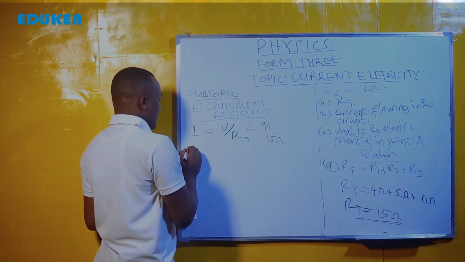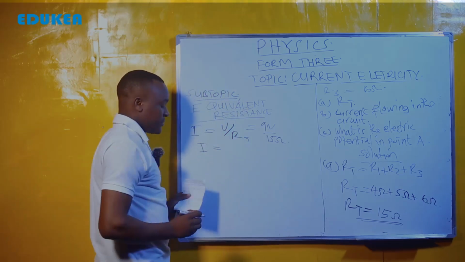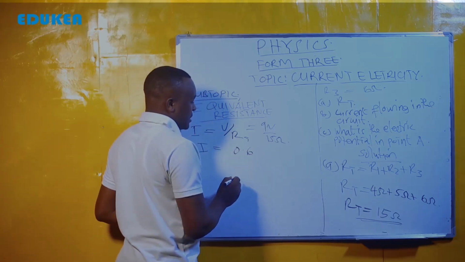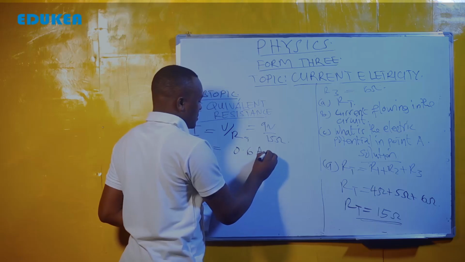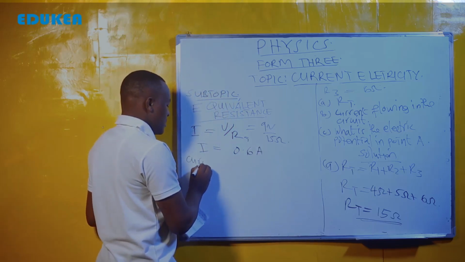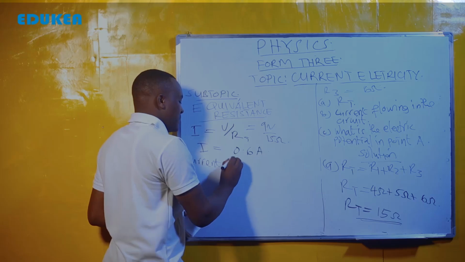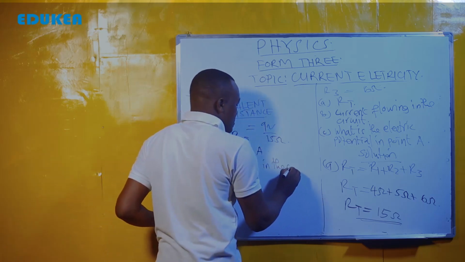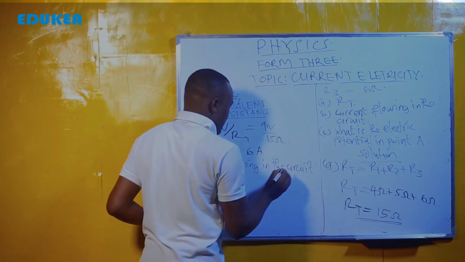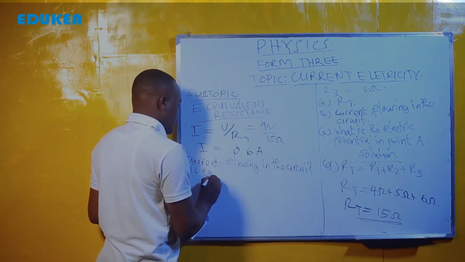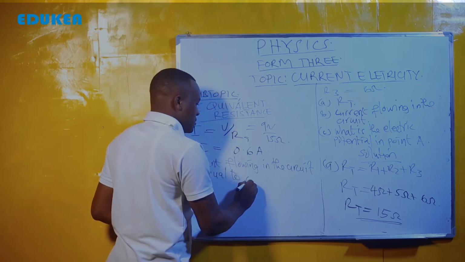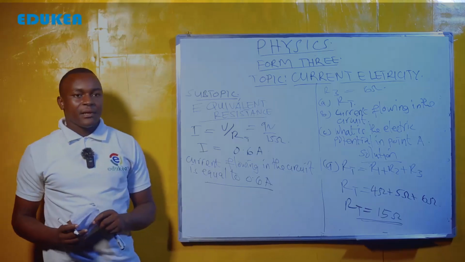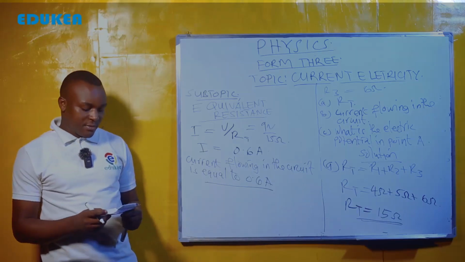So if you divide, you will get current equal to 0.6 ampere. So you will say the current flowing in the circuit is equal to 0.6 ampere. That is how you can calculate the current flowing through the circuit.